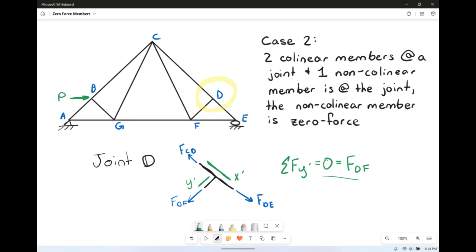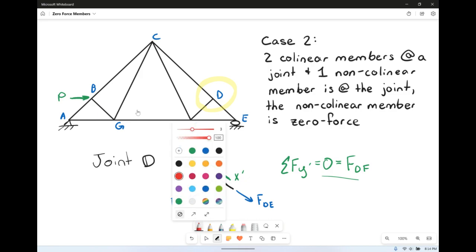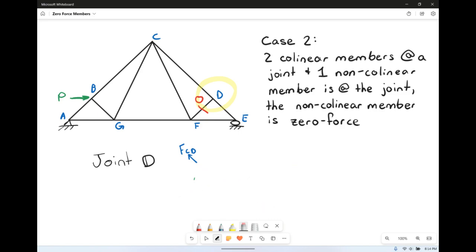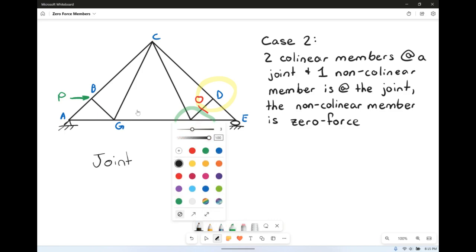Now, it doesn't just have to come off at that particular angle. In fact, once we have that DF is a 0 force member, where else do we have two collinear members and one non-collinear member? Joint F, because technically we've erased DF.